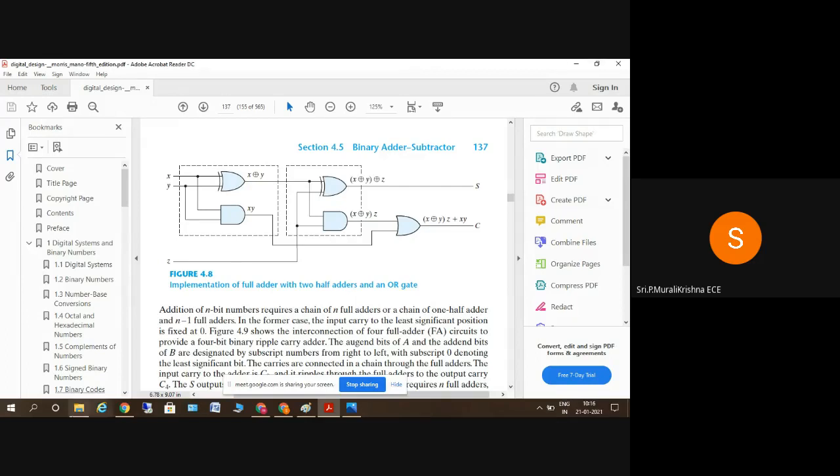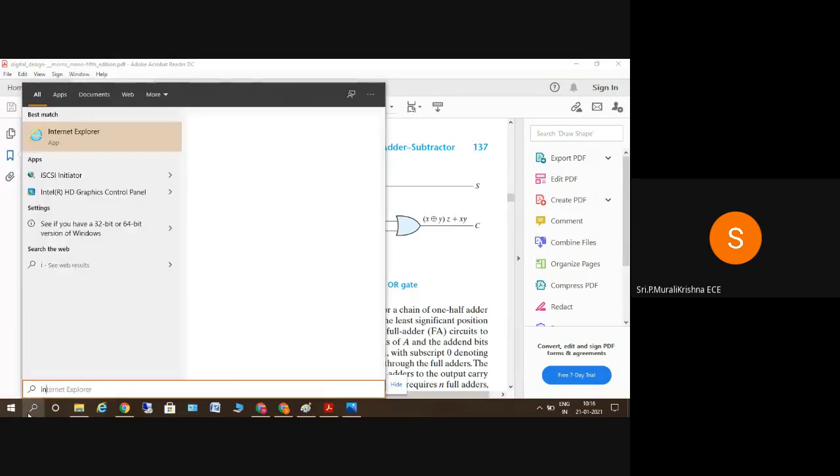This is the first half adder, this is the second half adder, and this is the OR gate. So implementation of full adder using two half adders may be one of the questions.